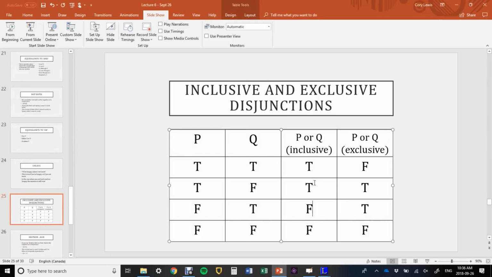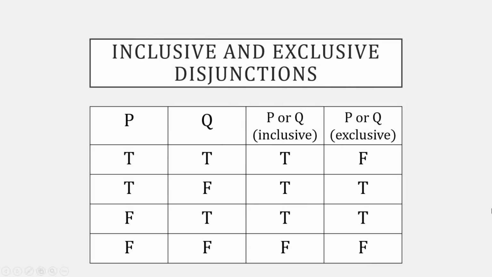So this is the truth table I showed you earlier. It's true in any case except where they're both false. Thank you. For the exclusive one, wouldn't false be, oh wait, never mind. I hope I got this one right.